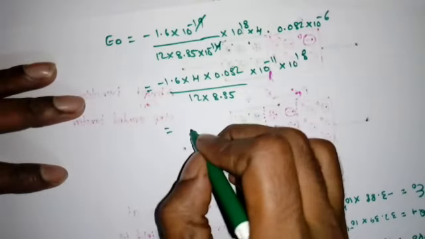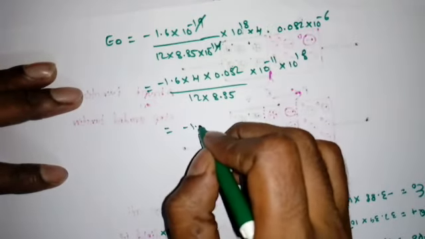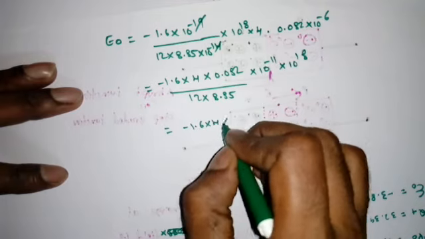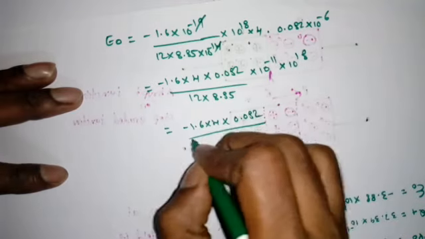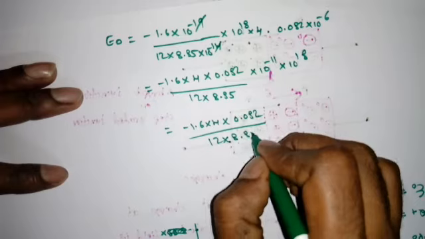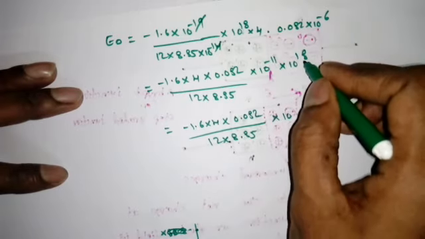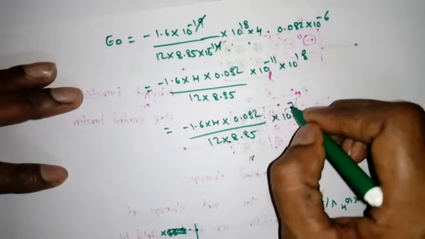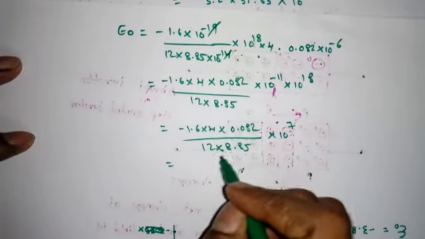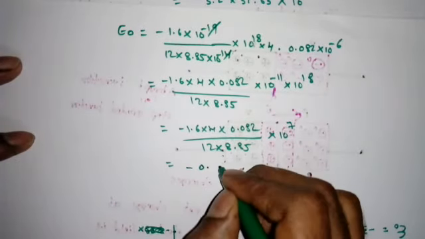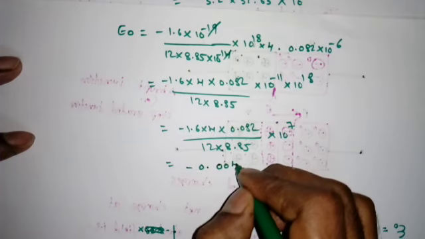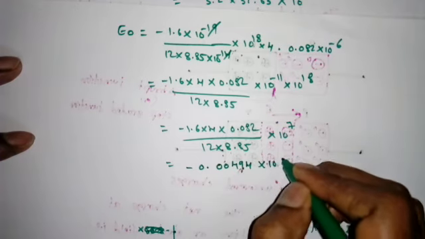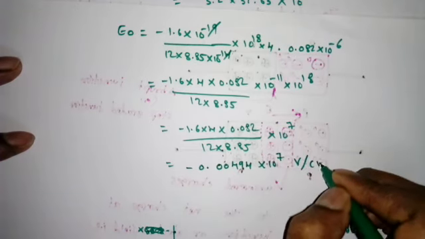So minus 1.6 into 4 into 0.082 by 12 into 8.85 into 10 to the power, we will get 10 to the power 7, right? So this value comes out as minus 0.00494 into 10 to the power 7 volt per centimeter.